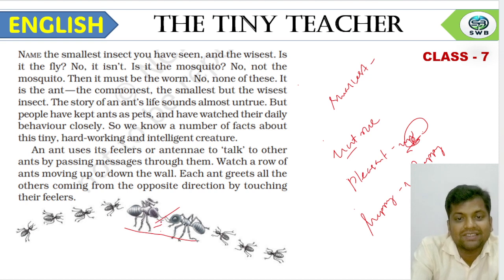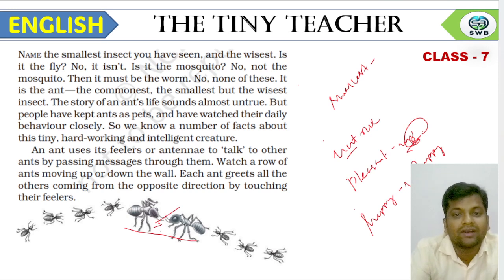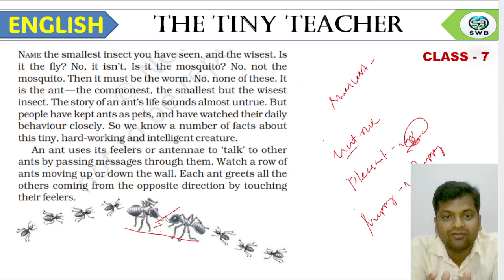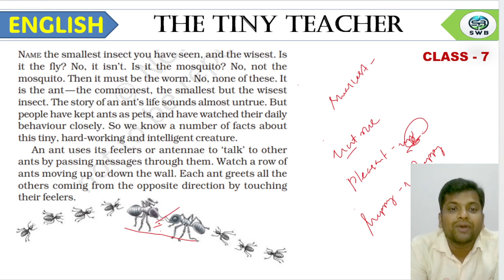These are called feelers, or we can call them antennae. The other name of feelers is antenna. Ants use them to talk to other ants by passing messages through them. So the antenna is the thing by which they pass messages to others.